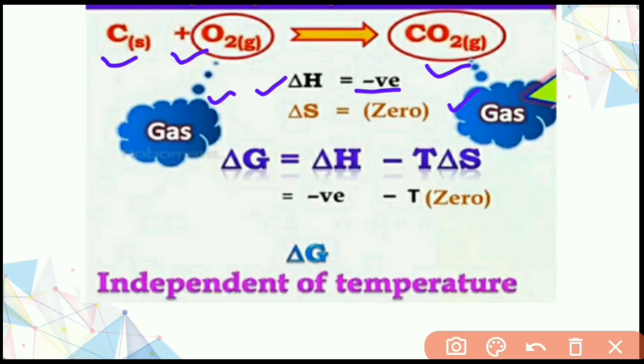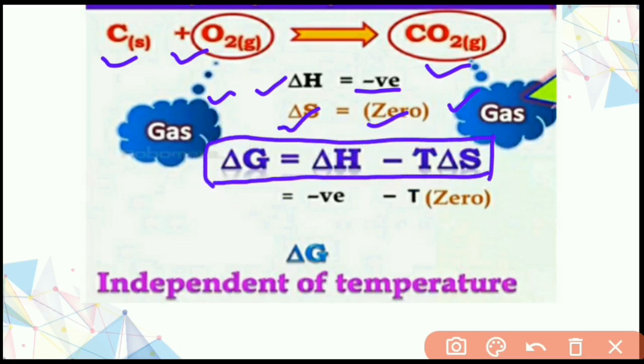Therefore ΔS, the entropy change, becomes 0. Put the values of ΔH and ΔS in the Gibbs energy equation: ΔH negative and ΔS 0, so TΔS also becomes 0.